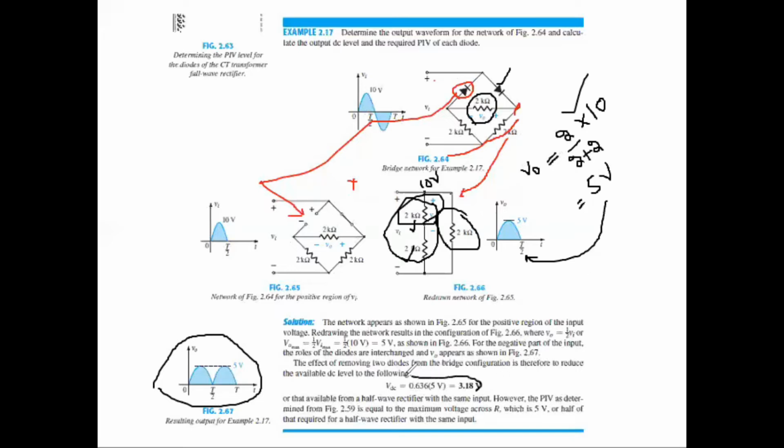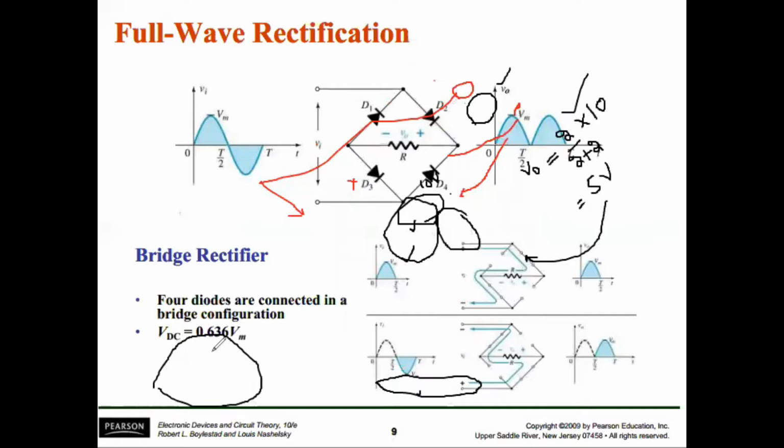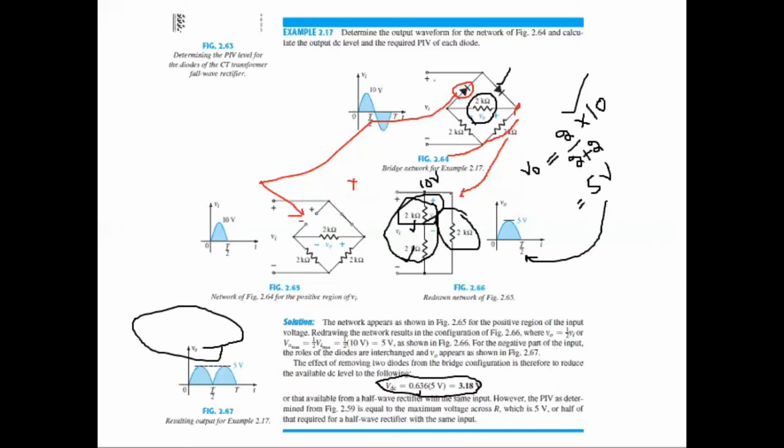You can find the average DC voltage by this formula, and we have seen that 0.636 is the average voltage factor, as earlier. Okay, this is the formula for finding the average or DC value, which is 0.636, and the same formula is used here. You have the peak value 5 volts calculated here. So that is the overall procedure for this question.